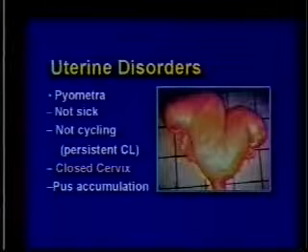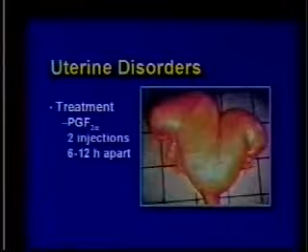The good news is that the treatment is relatively simple. We can give these cows some prostaglandin F2 alpha, 25 milligrams, but it is best to give a couple injections because the corpus luteum is very well embedded, and a single injection may not last long enough to get full regression and ischemia of the corpus luteum.